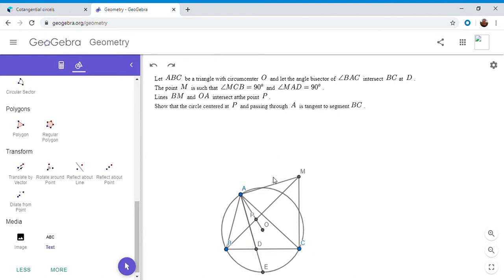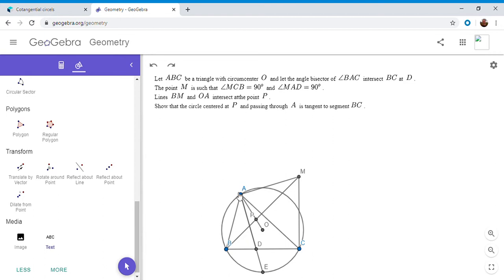One thing I want to note is that if the circle centered at P and passing through A were tangent to BC, then if we take the perpendicular, let's say K, to BC, PK would have to equal PA. But we know that OA is equal to OE.